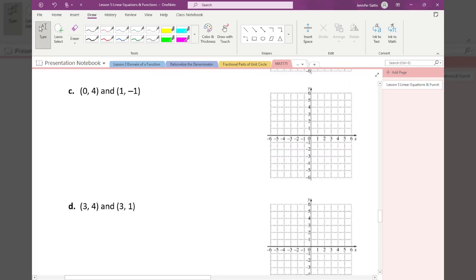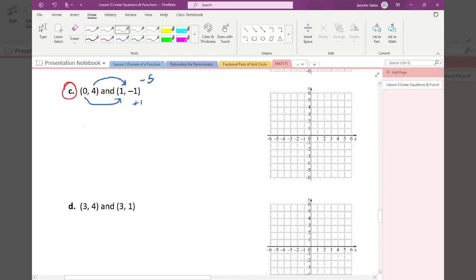All right? So go ahead and find the slope for C. And again, we can consider change in y. Well, this one we're going down 5. Over change in x, we're going up 1.